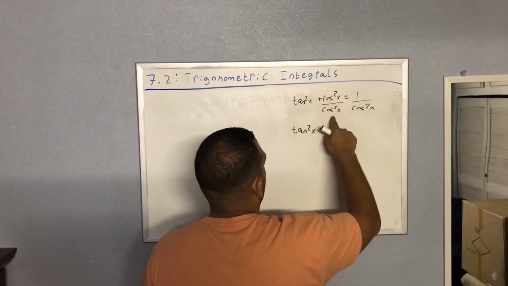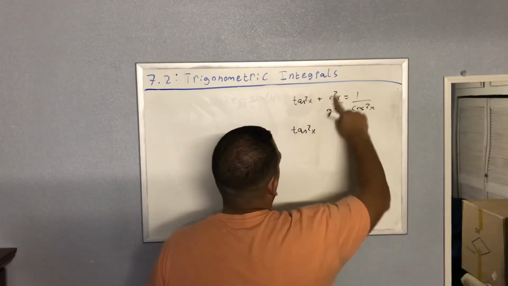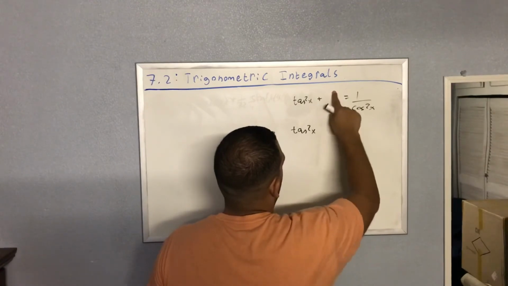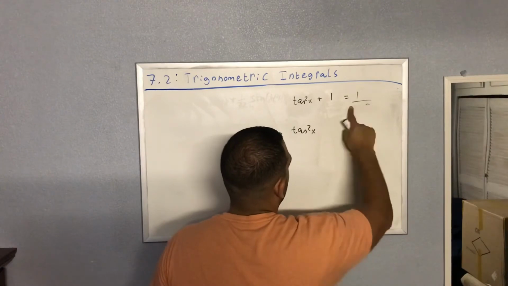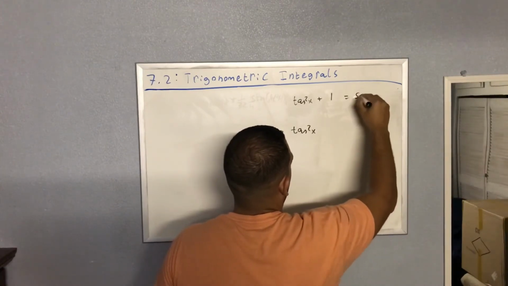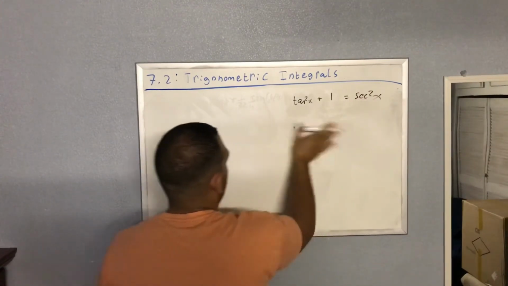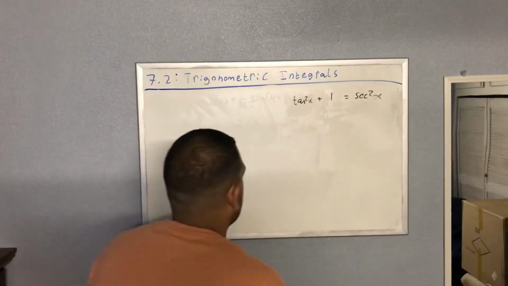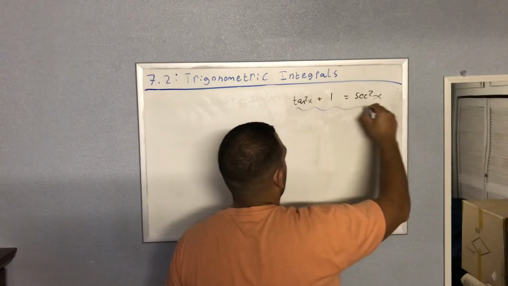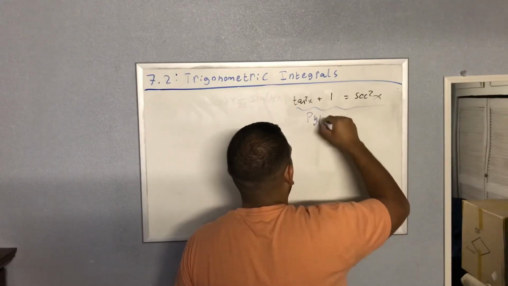And then cosine squared over cosine squared is just 1. And then 1 over cosine squared is just secant squared. You get a variation of the Pythagorean identity, which for all intents and purposes is just called the Pythagorean identity as well.